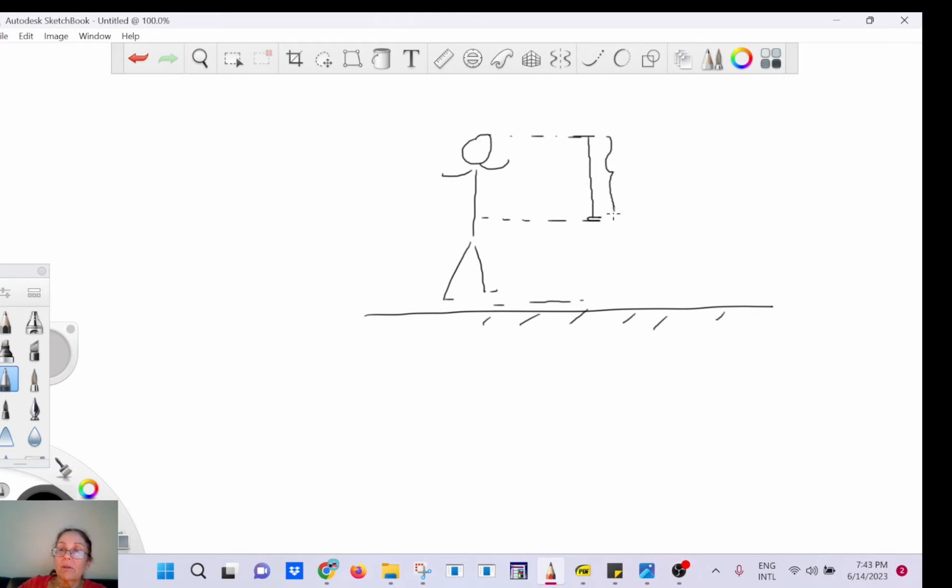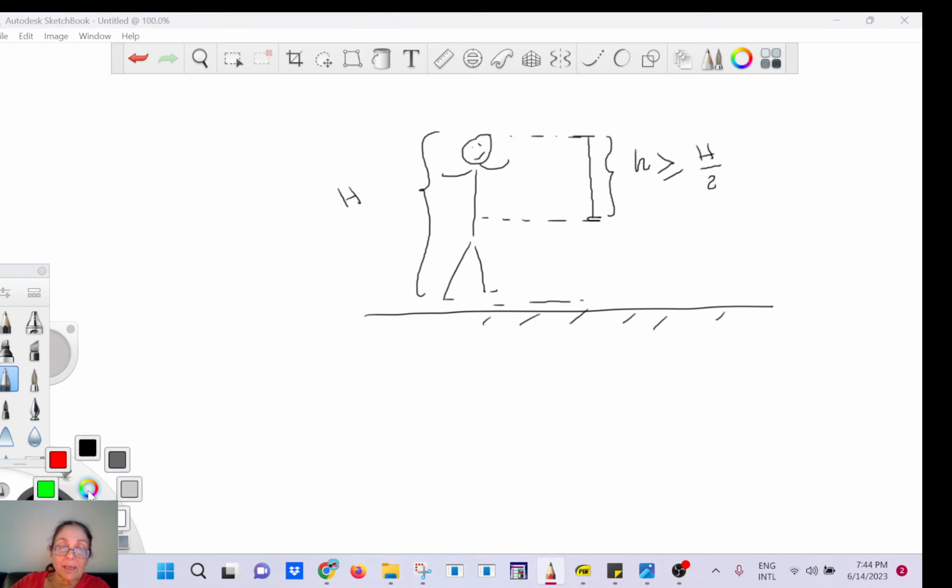So if I call the height of the person h, I want a mirror to be equal to or larger than h over 2. So if I have half of the size of the person, I will be able to see the whole person, or the person will be able to see himself or herself in the mirror, right?